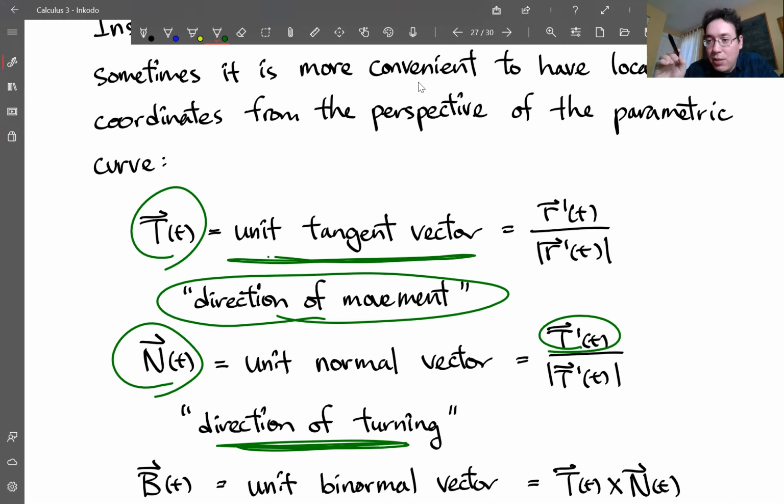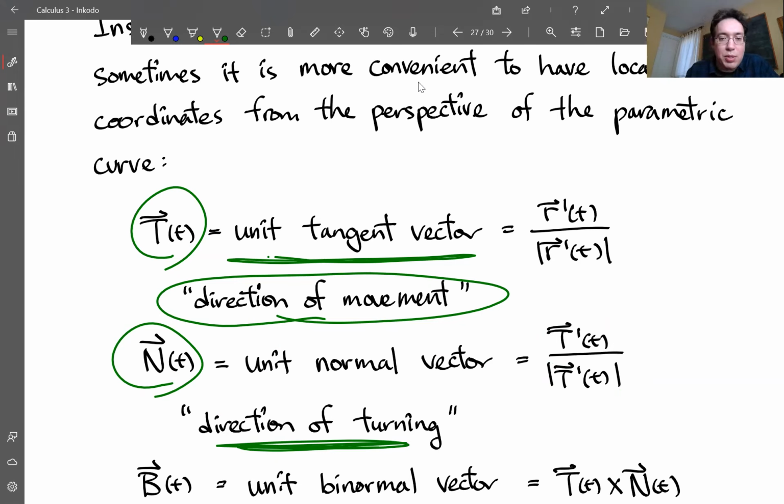The unit tangent vector is pointing in the direction of movement, and whichever way it's turning. So if it's turning upward on a roller coaster, that would be the unit normal vector direction. It would be the up direction. Basically, you just take the derivative, and again, you want it to be a unit vector, so you divide by the magnitude of the derivative of the tangent vector.